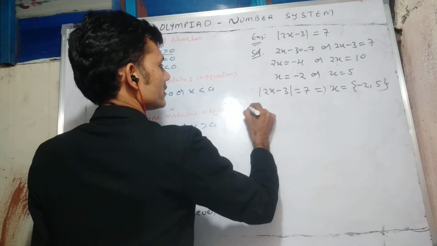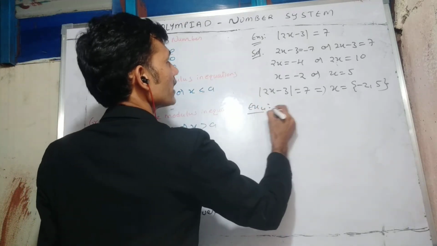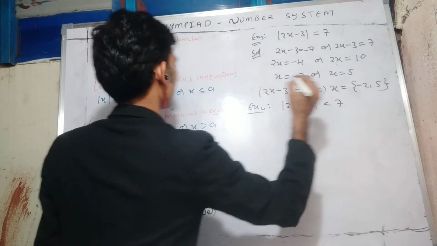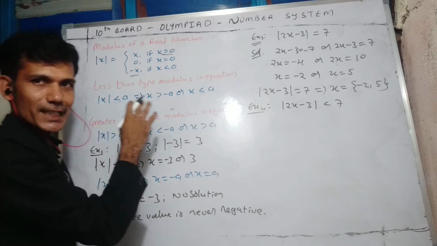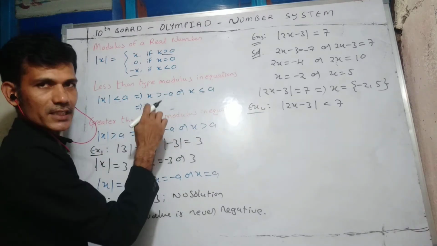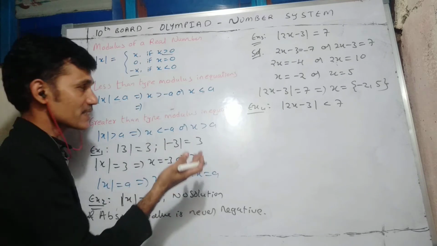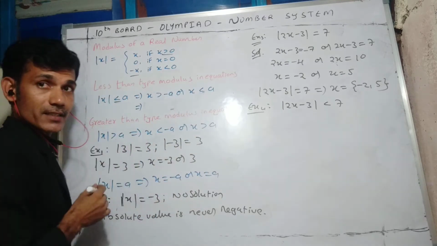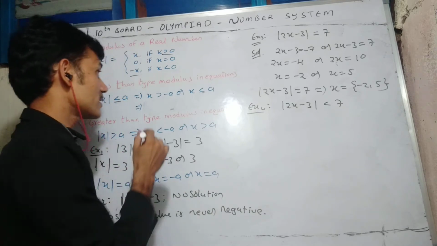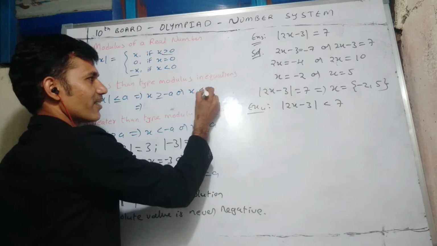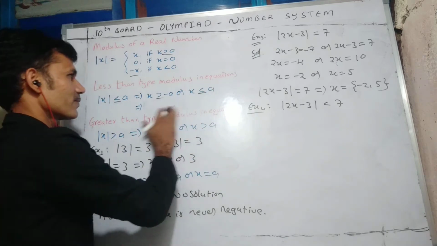Okay, now we'll give illustrations only. This problem only I can take: modulus of 2x minus 3 is less than 7. If modulus x is less than a, we can use this as a formula: x greater than minus a and x less than a. Here if it is modulus x less than or equal to a, that time x greater than or equal to minus a and x less than or equal to a.